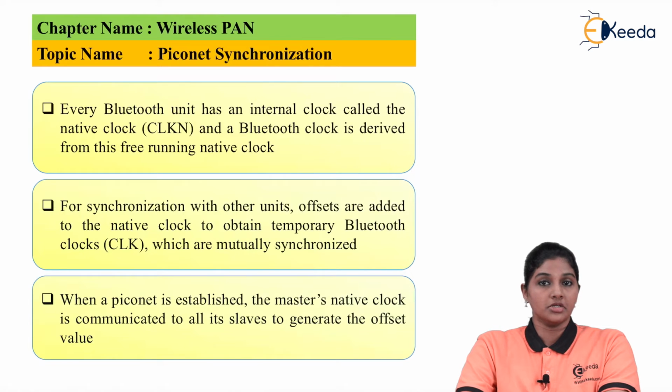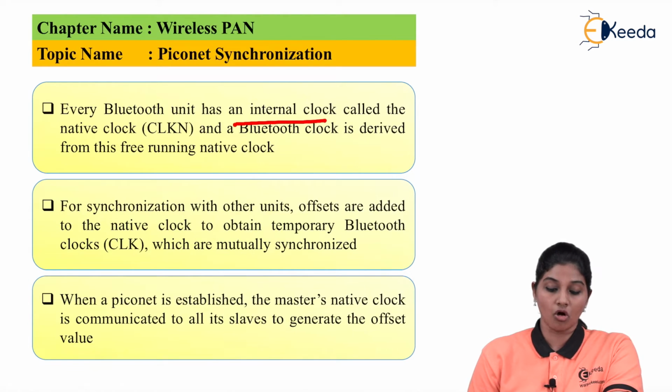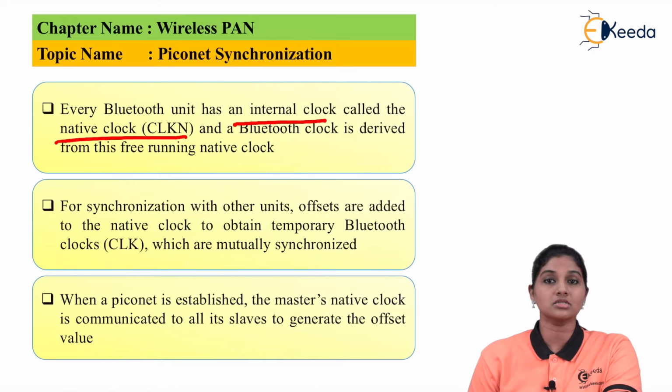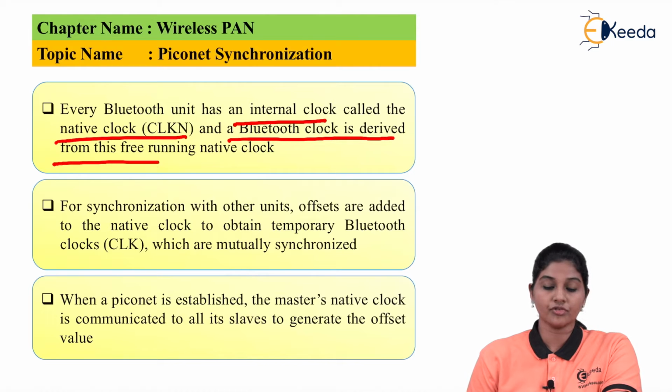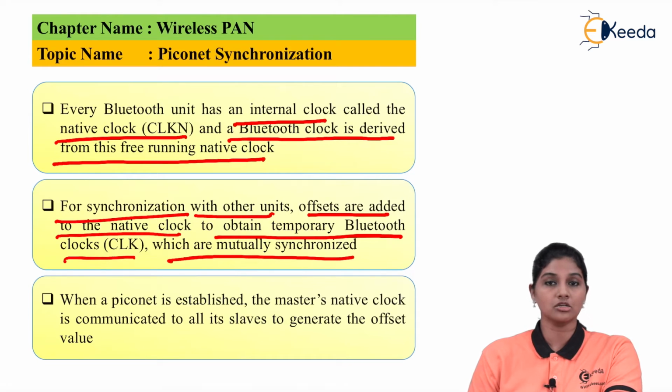Every Bluetooth enabled device has an inbuilt internal clock which is called the native clock, represented by CLKN. A Bluetooth clock is derived from this free running native clock. For synchronization with other units, offsets are added to the native clock to obtain the temporary Bluetooth clock, which are mutually synchronized.